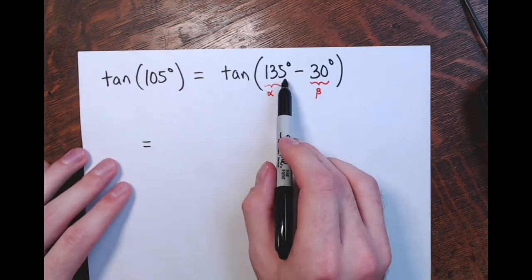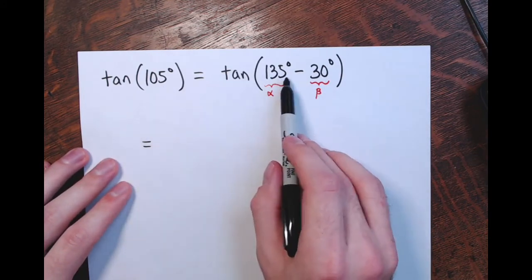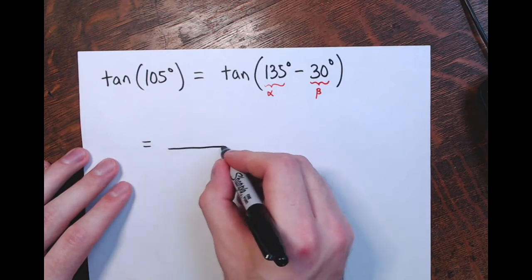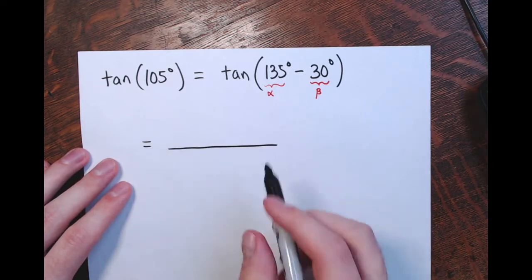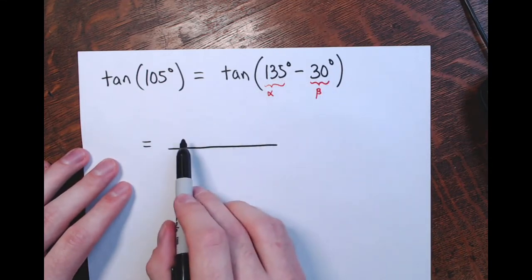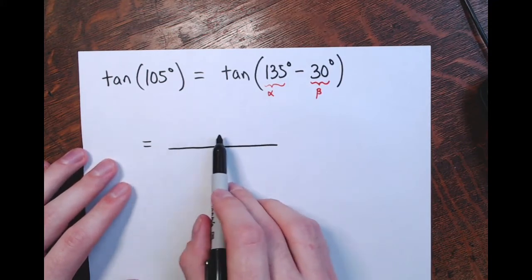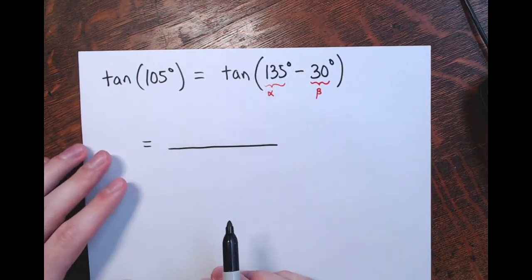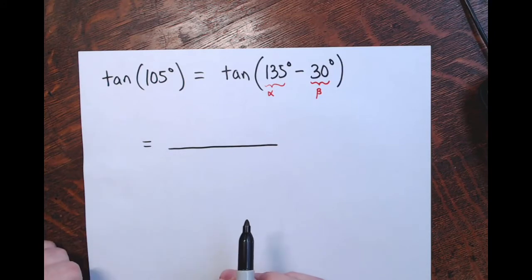So the tangent of this 105 degrees, 135 minus 30, again, there's a numerator and denominator. The tangent of a difference, the numerator is kind of like if you didn't know what you were doing and just distributed, even though it's not distributing.